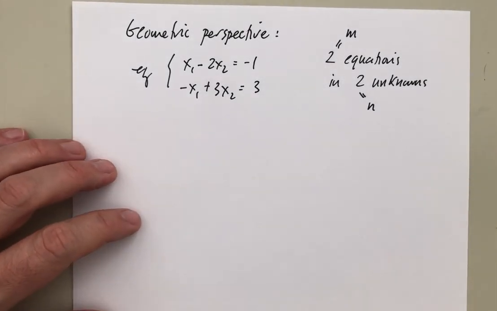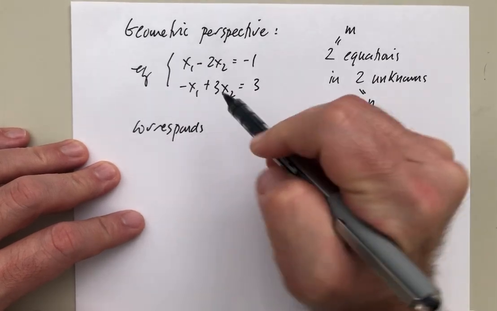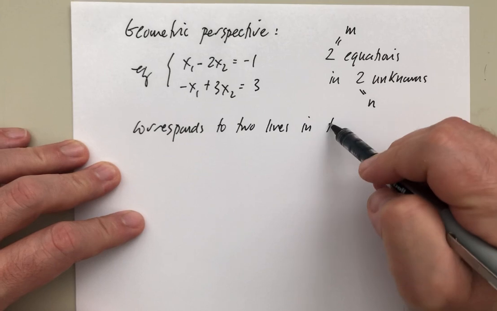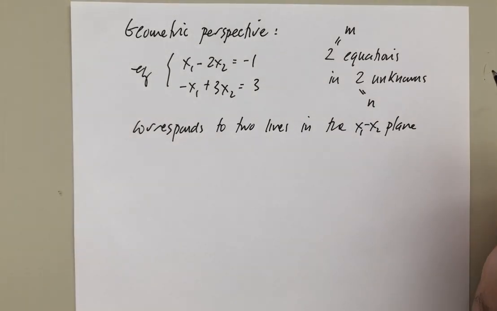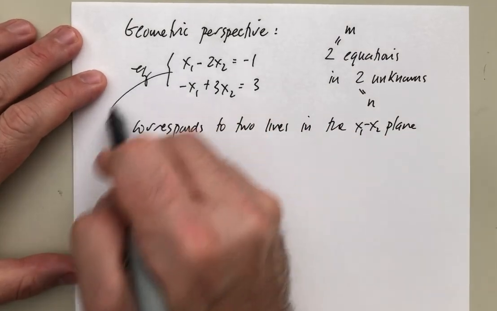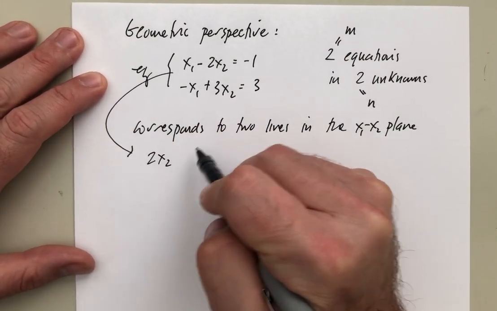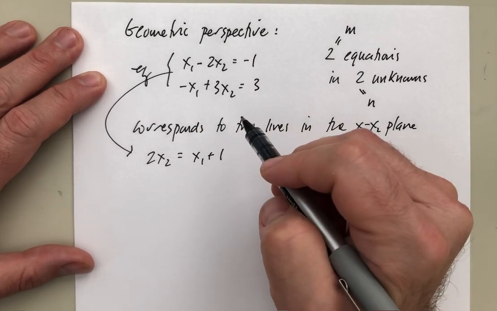What I want to point out is that this corresponds to a geometric picture, namely 2 lines in the x1, x2 plane. Let me show you what I mean. If I take this equation and solve for 2x2, that's going to be 2x2 equals x1 plus 1.